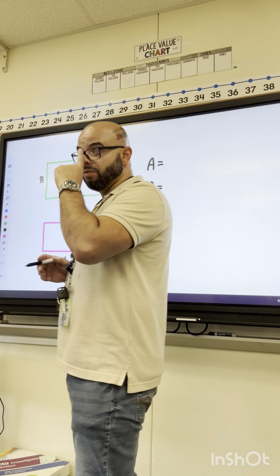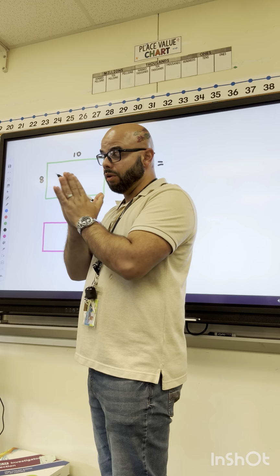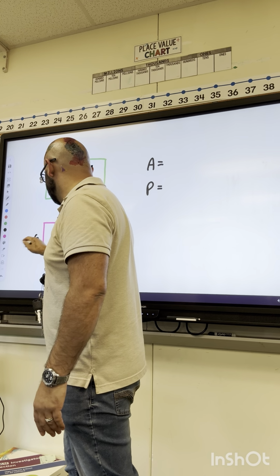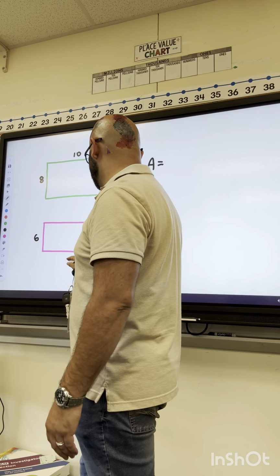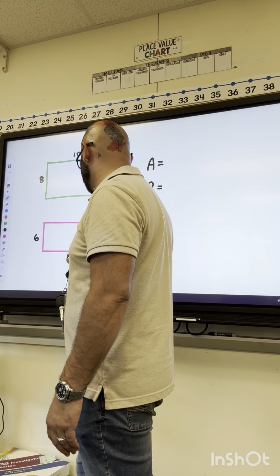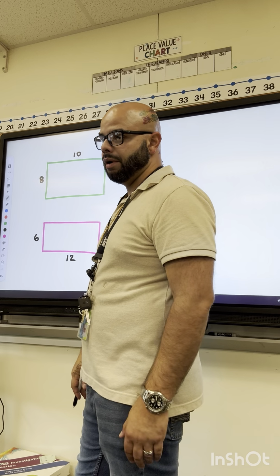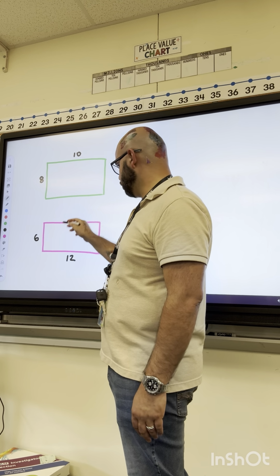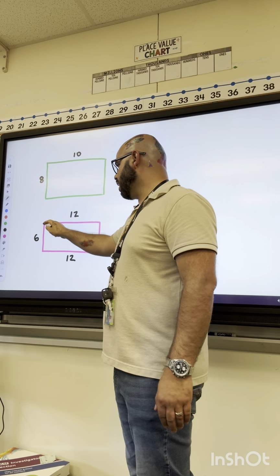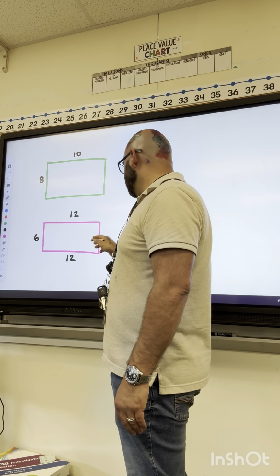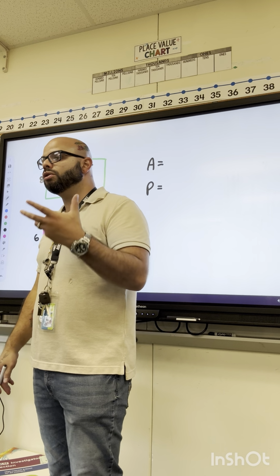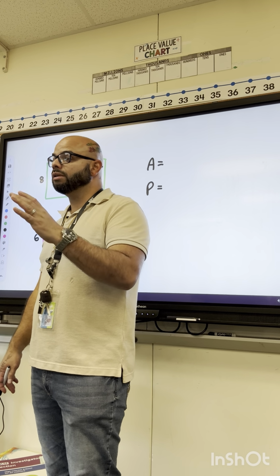Another thing that I want you to remember, let's say you're looking at a rectangle and it's giving you 6 on this side and 12 on this side, right? If this side is 12, what would be the top side? 12. If this side is 6, what would be this side? 6. Those are traits of a rectangle you should know.